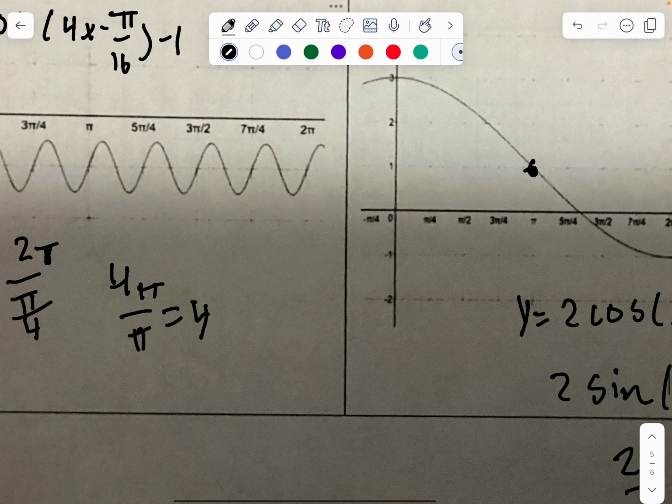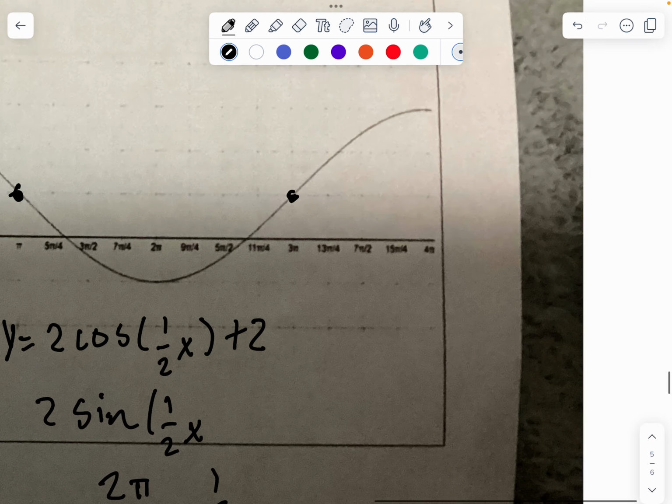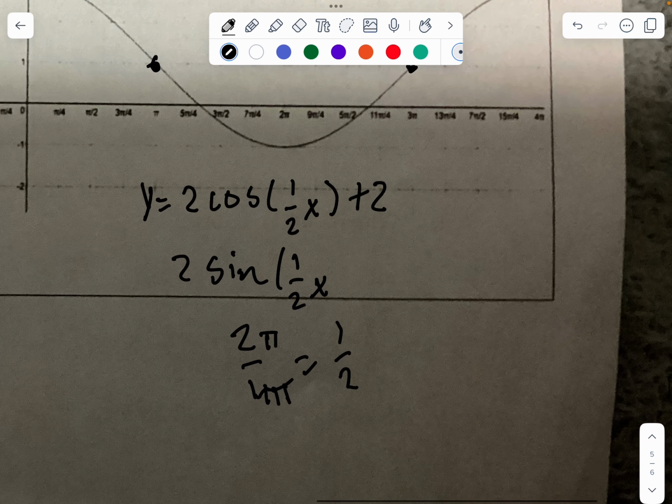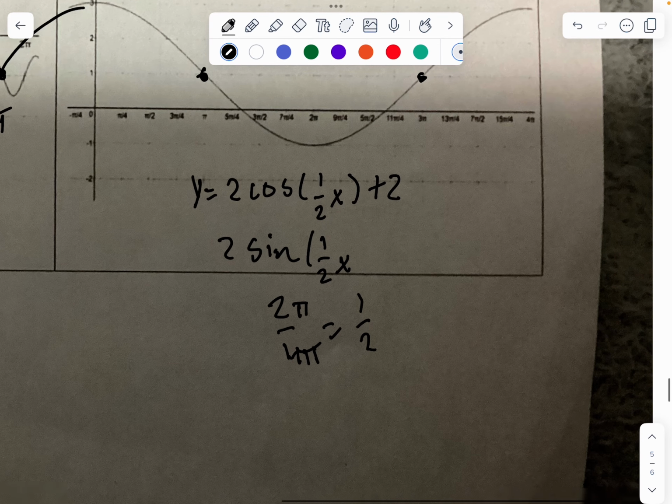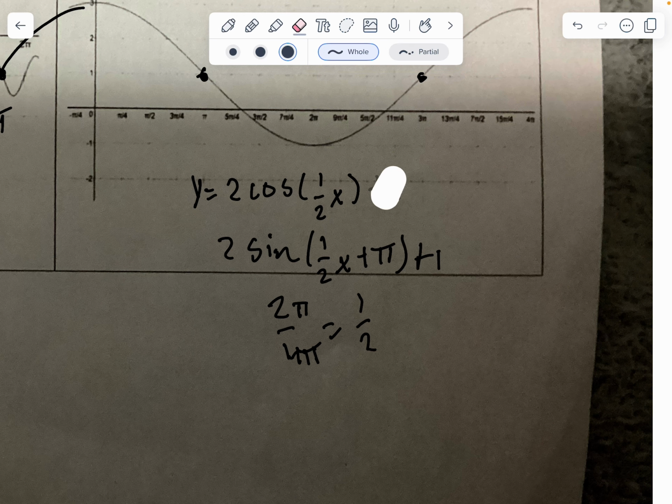So it starts at negative pi right about there, and it ends at 3 pi. So our shift is going to be plus pi. And then it goes up 1. I'm going to say this is plus 1 as well.